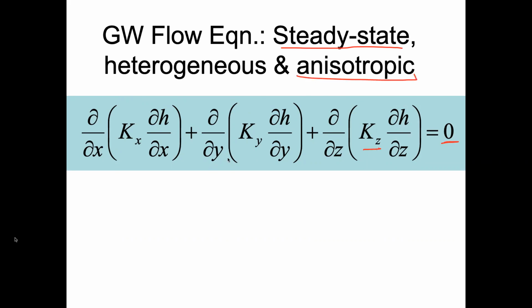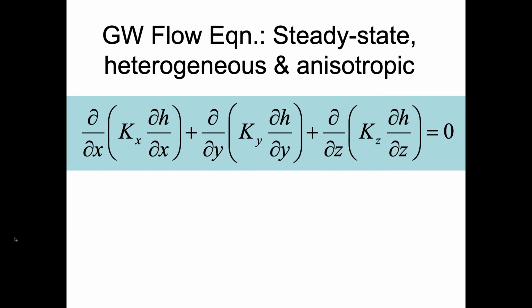So we have a hydraulic conductivity value that's dependent upon the direction in which water can be conducted: how it is conducted in the X direction, how it is conducted in the Y direction, and how it is conducted in the Z direction. And we have changes in the system as we move in the X, the Y, and the Z direction in terms of our material properties, or our material system.